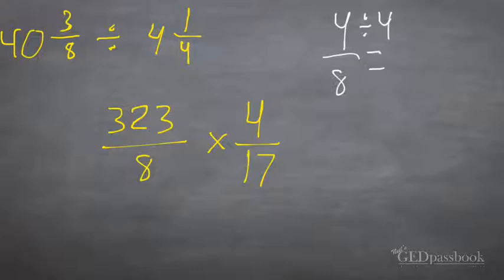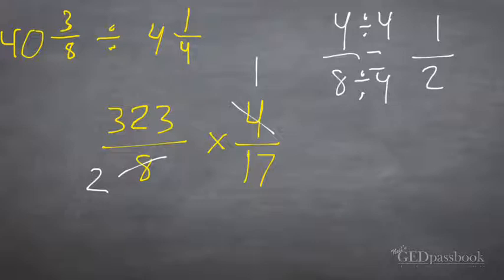But I'm just going to jump straight into it. You guys should be able to spot these right away. 4 is divisible by 4, right? Creating a 1. What's 8 divided by 4? 2. So this just literally simplifies down to 1/2, right? So you could just multiply straight across.